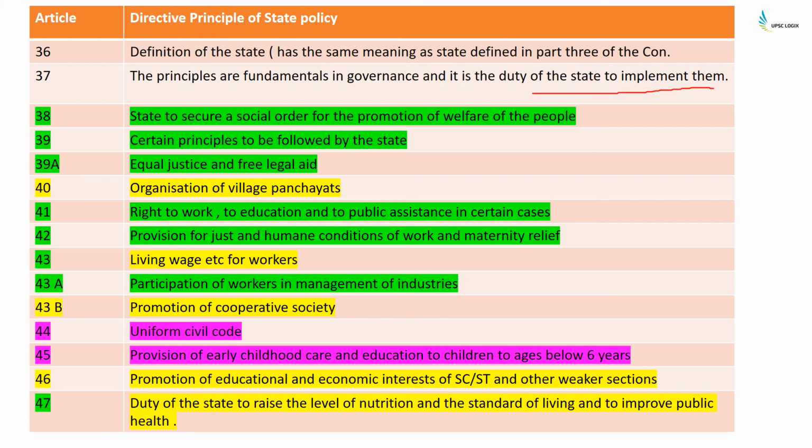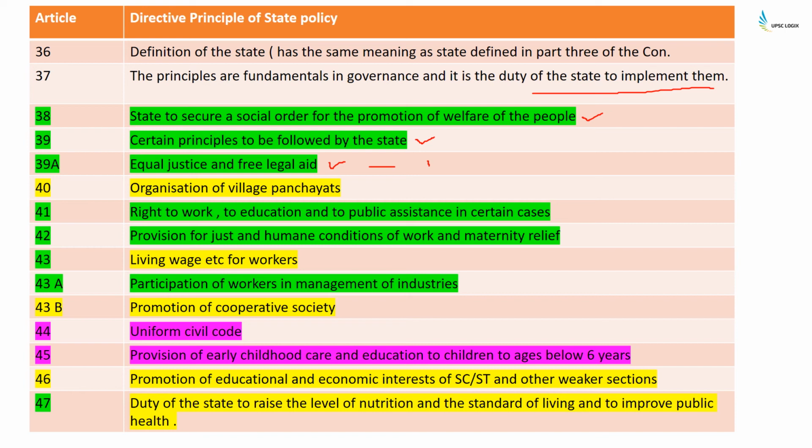Article 38 says state to secure a social order for the promotion of welfare of people. Then Article 39 is certain principles to be followed by the state. Article 39A is equal justice and free legal aid. This was added by the 42nd Constitutional Amendment Act, 1976.